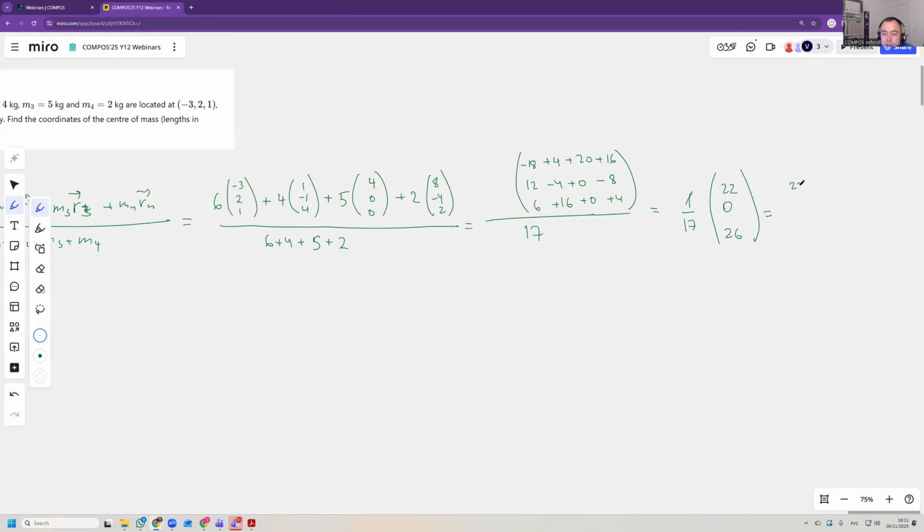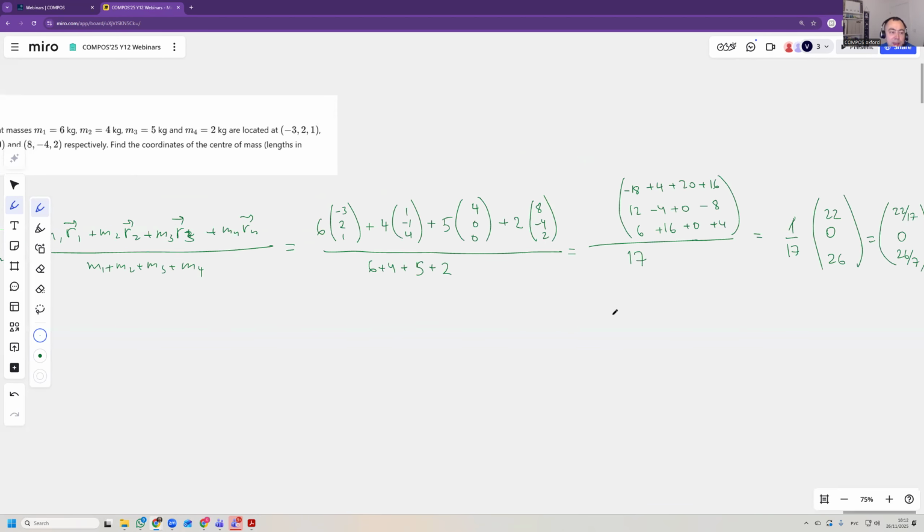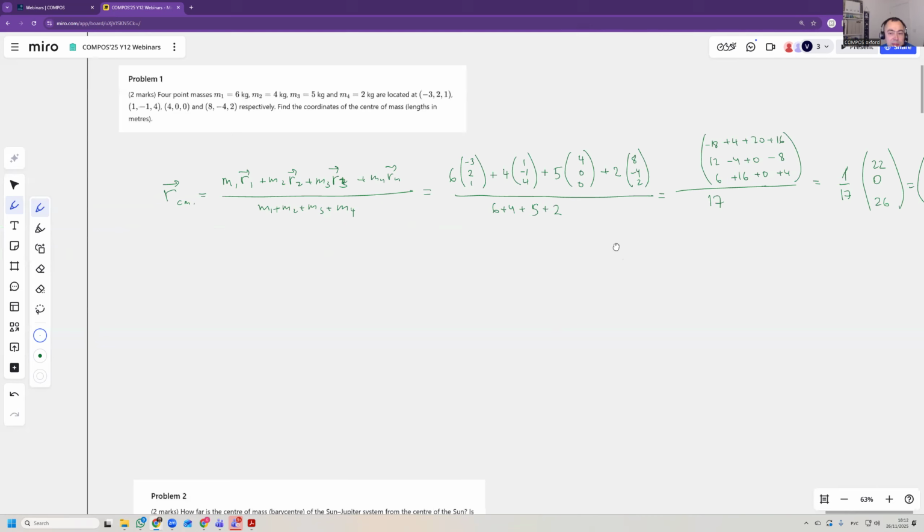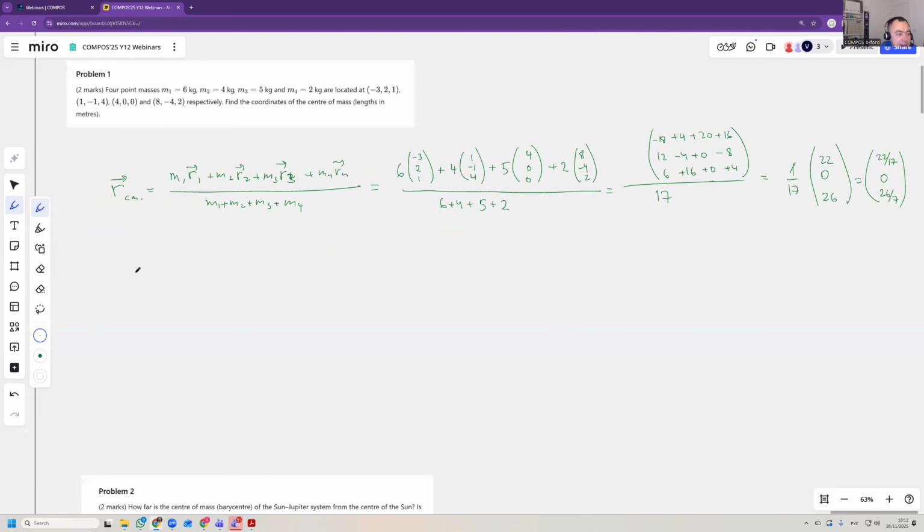So that's (22/17, 0, 26/17). So the answer: the center of mass is at the point (22/17, 0, 26/17), of course.